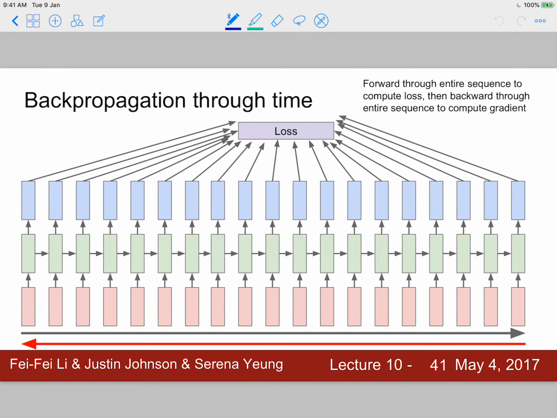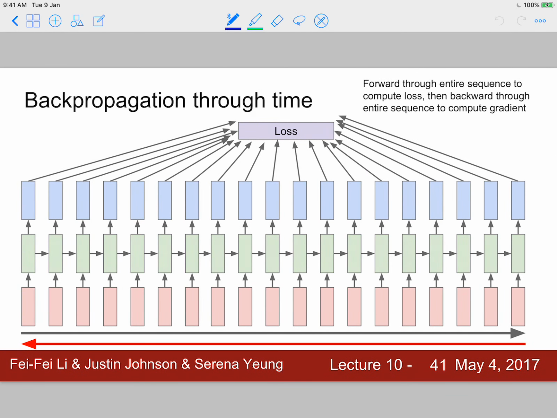In this case, the RNN cell at this time step will be computed as follows.